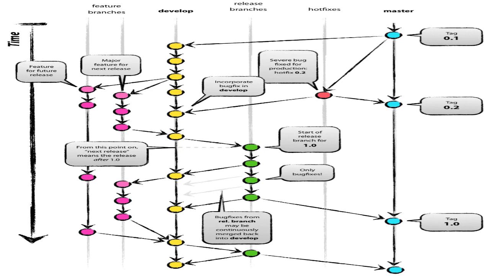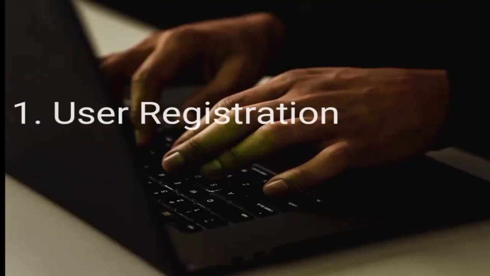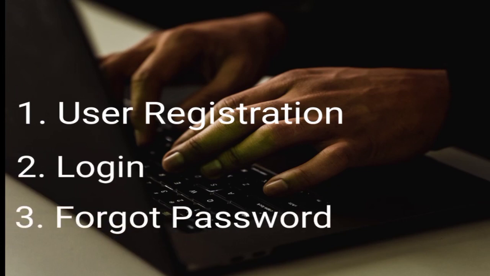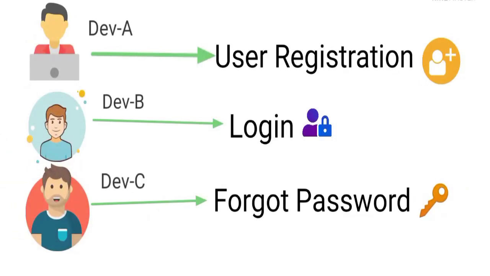The actual goal here is that work can be done in parallel. So if you have multiple features that we need to implement, for example, user registration, login, and forgot password, developer A will work on user registration, developer B will work on login, and developer C will work on forgot password. The first thing I would like to say is that they will not be dependent on each other.